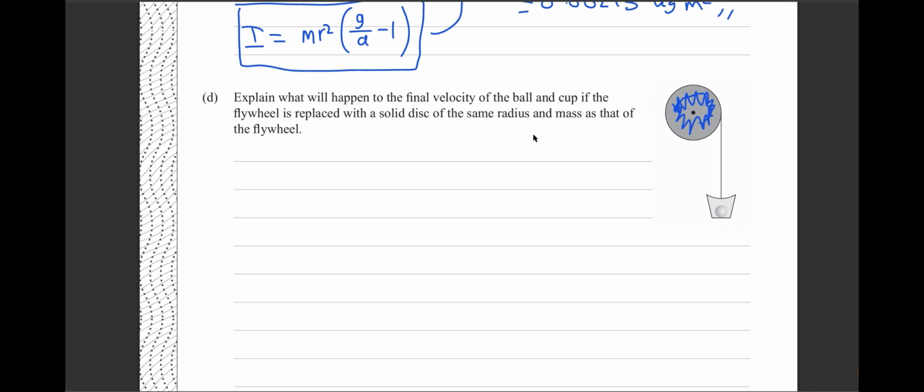So if I had to put this into words, using a solid disk, I'm just gonna simplify this. You can expand this and put it in your own words. I'm just gonna give you a rough idea of what you should probably write. So if you use a solid disk, then your mass distribution will increase, right?